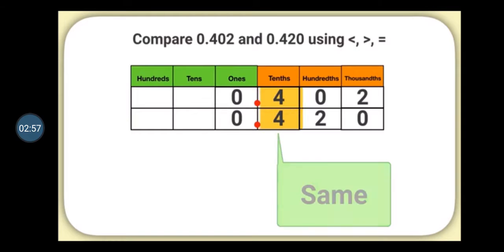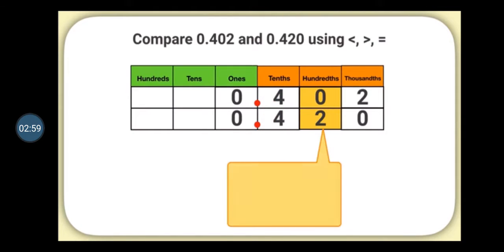Is this same or different? This is same. Then we have to move on to the hundredths column, 0 and 2. Is this same or different? Yes, these are different. So now we can decide that 2 is bigger. So it means 0.420 is bigger.